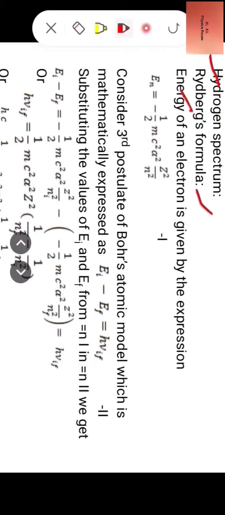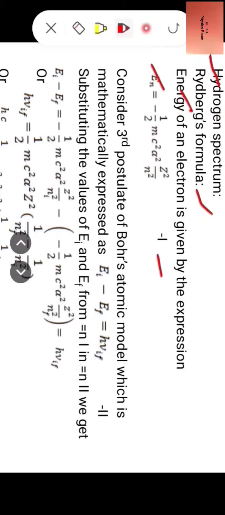We start with energy of an electron given by the expression En is equal to minus half mc square alpha square Z square by n square. Let us mark it as equation 1, where c is velocity of light, alpha is fine structure constant, Z is atomic number, n is number of the orbit, and m is mass of electron.